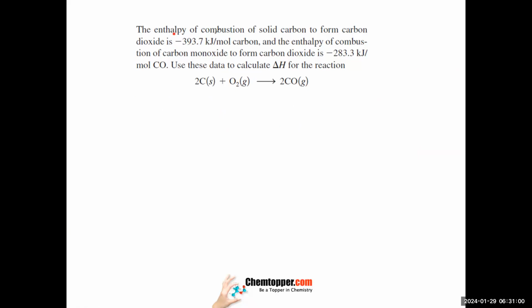The enthalpy of combustion of solid carbon to form carbon dioxide means carbon solid is reacting with O2 gas. Combustion means one of the reactants is O2, giving you CO2 gas.